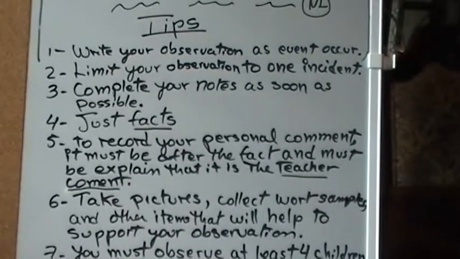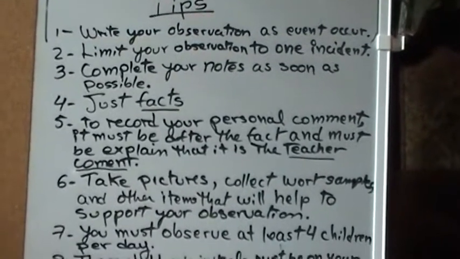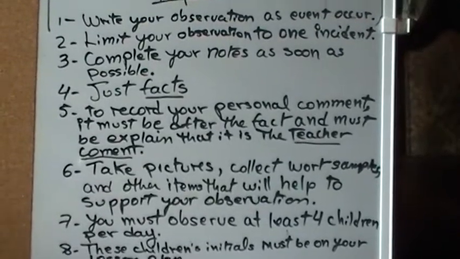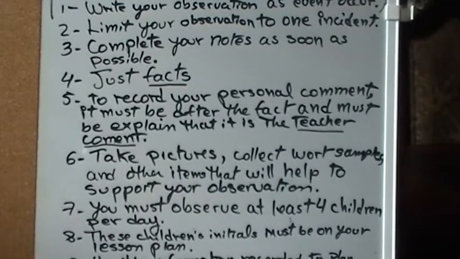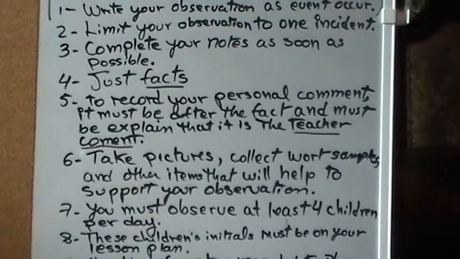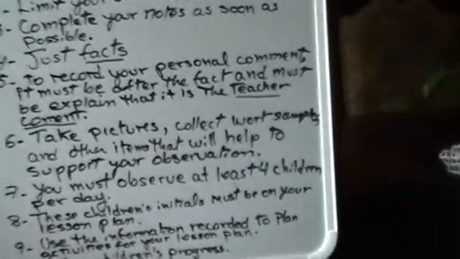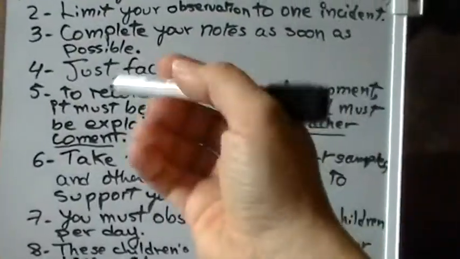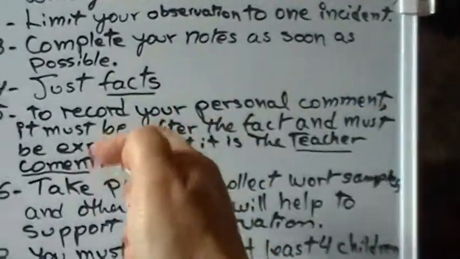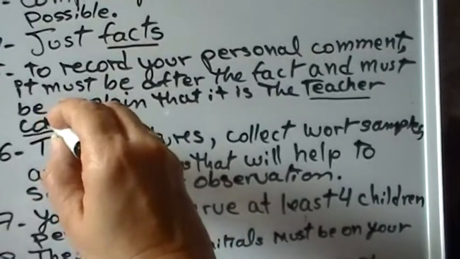Remember, just write the facts. Number 5, to record your personal comment, it must be after the fact and must be explained that it is the teacher comment or opinion.